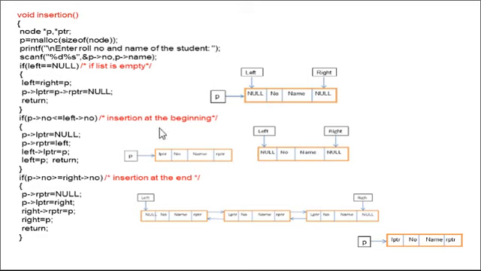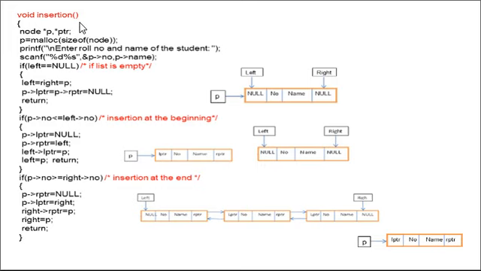This is the insertion operation. Before writing the code for insertion, we first have to see how to insert one node into an already existing list. First we have to check whether the linked list contains at least one node or not.